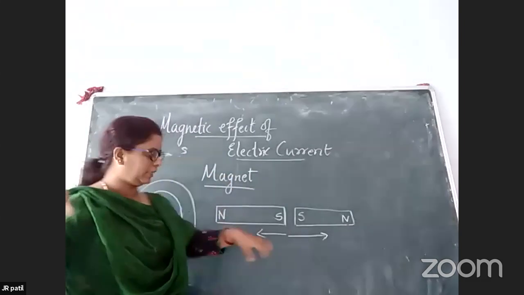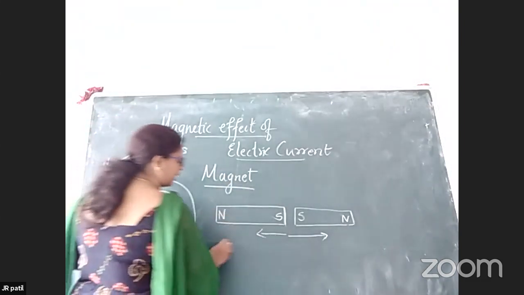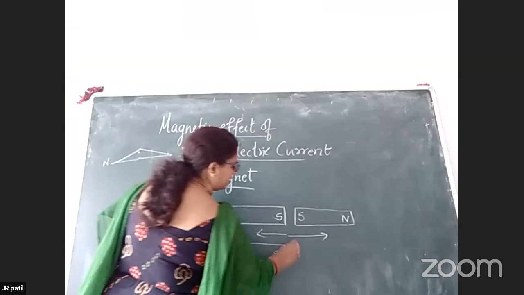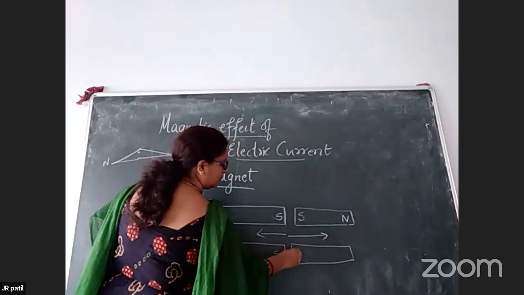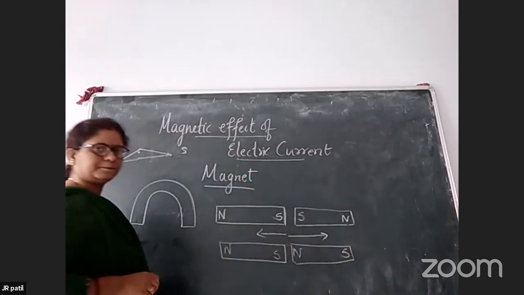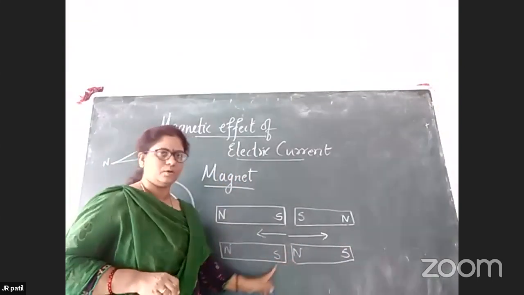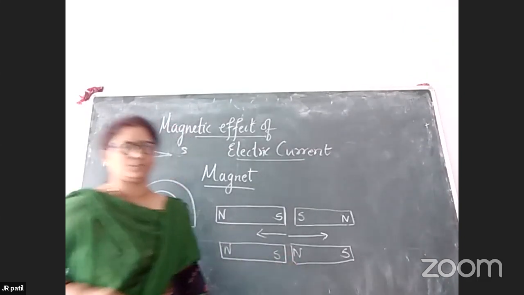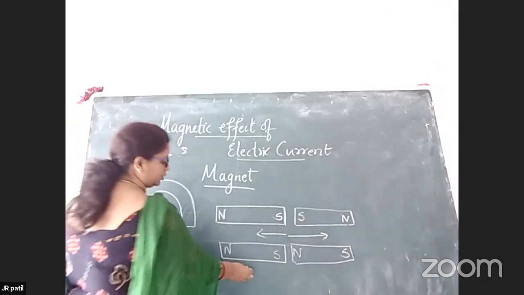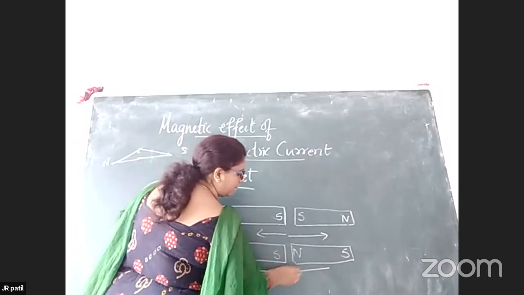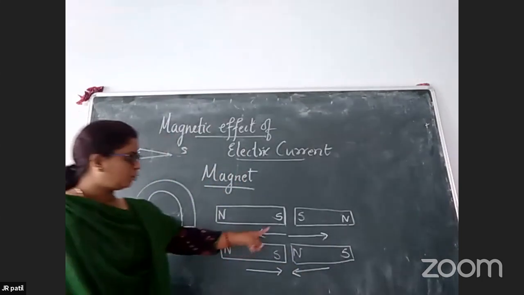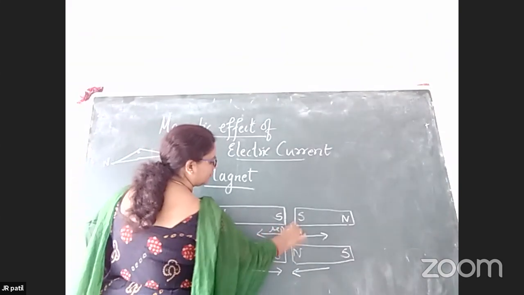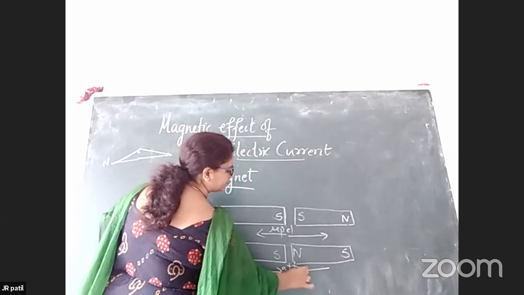But if you take this north, south, and here north, south like this, these are unlike poles, and they will attract each other. This is the property of the magnet. Like poles repel each other. This is the repelling property, and this is attracting.